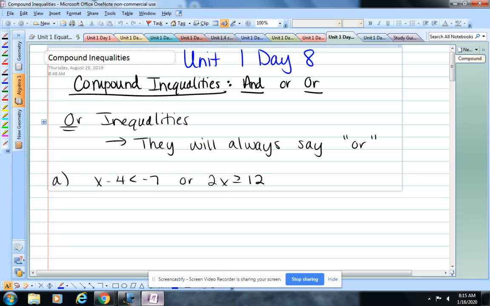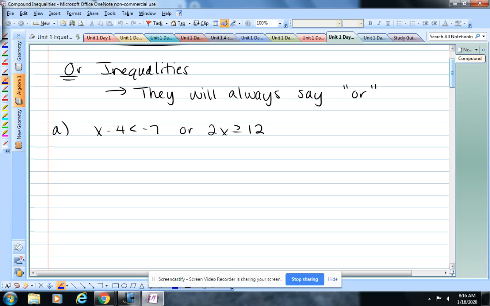All right? So when you solve an or inequality, you just basically solve this one separately and get a solution, and then you come over here and solve this one and get a solution. Okay? So, and then we'll put them on a number line together, and I'll show you what that does in a minute. So in example A, the first inequality is x minus 4 is less than negative 7.